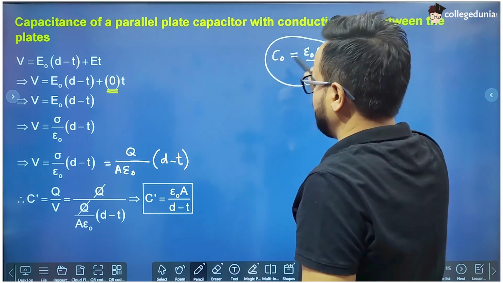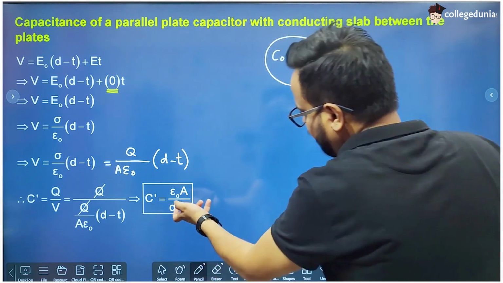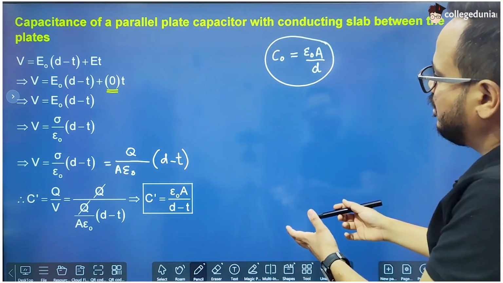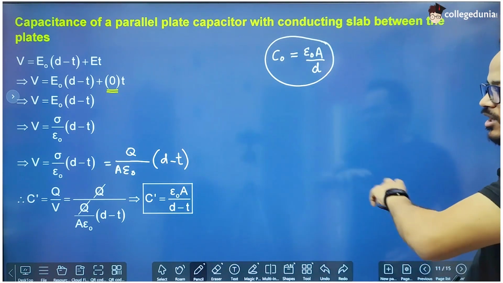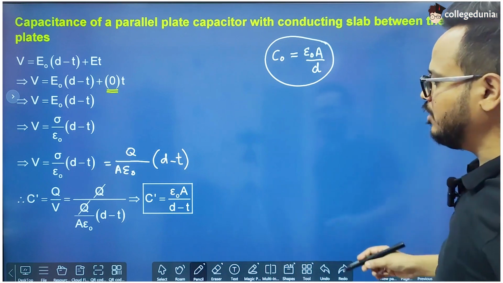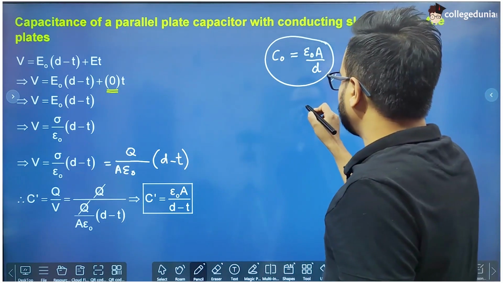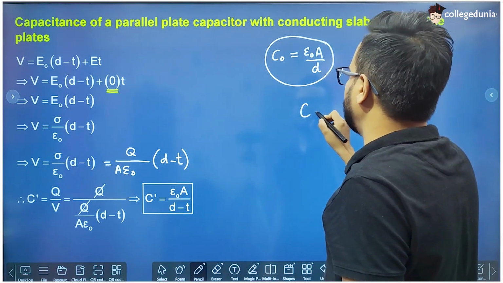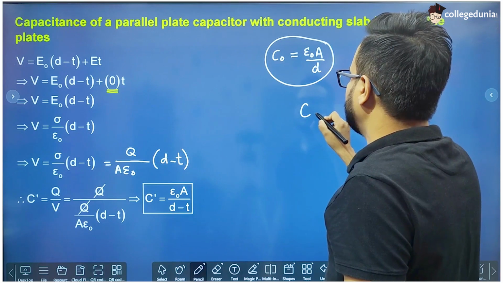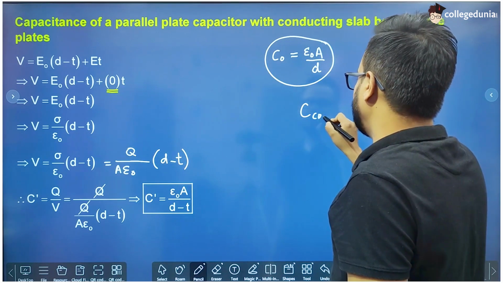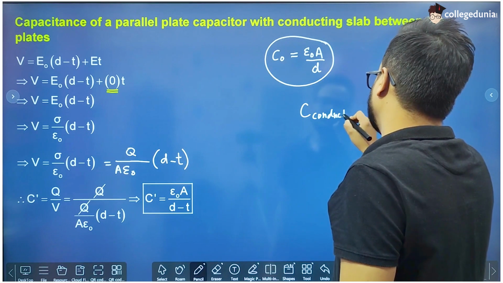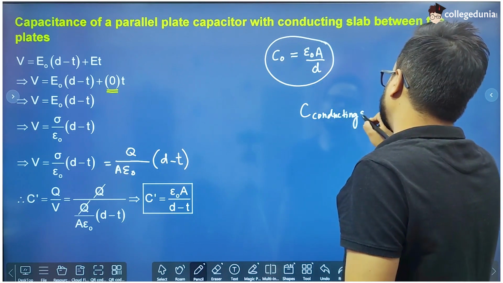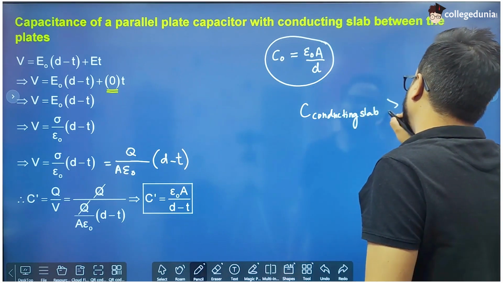There is no need to think too much here. We can clearly see that the denominator of this is smaller than this and even smaller than the other one, the dielectric one. So we can say that the capacity is maximum in case of conducting slab, right? On inserting a conducting slab, capacity is maximum.